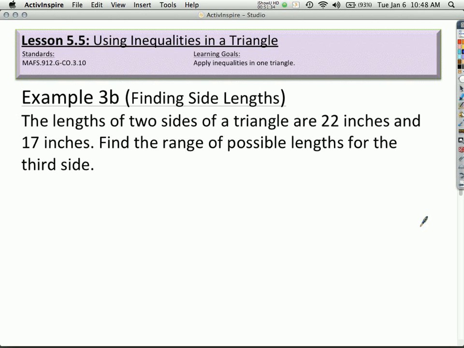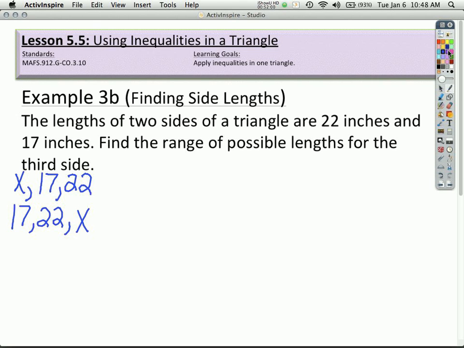We need to explore when the third side is the smallest, and when the third side is the biggest. The third side being the smallest would be x, and then 17, and then 22. The biggest would be 17, 22, and then x. And let's explore the inequalities that result from those assumptions.